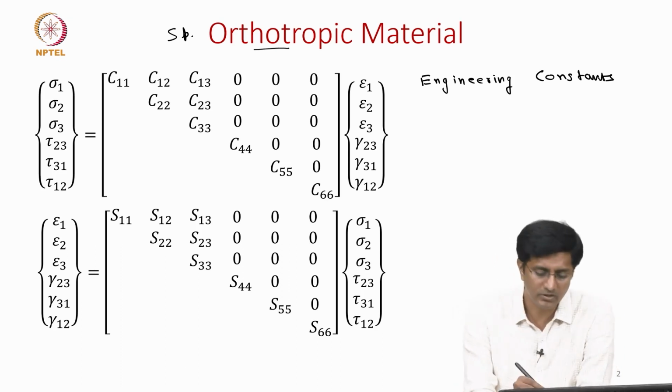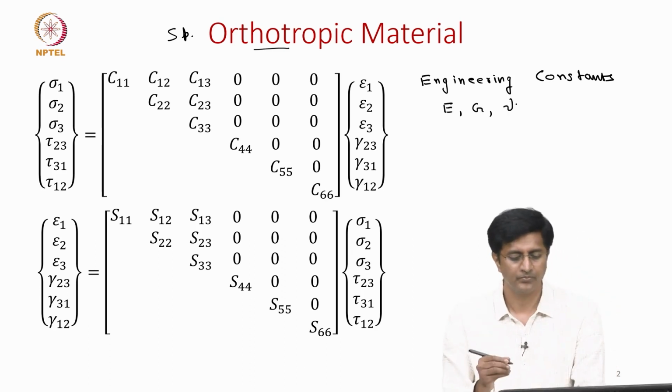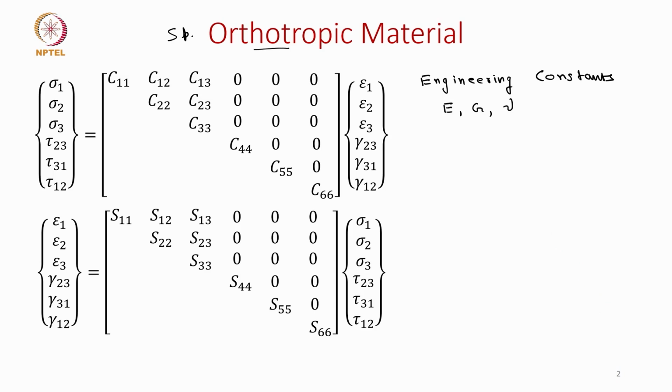So, we are familiar with engineering constants such as elastic modulus E, shear modulus G, or the Poisson ratio nu. But we are more familiar with isotropic materials where we just need to write E, G and nu and it should suffice. But when we are talking about orthotropic materials, we need to add some suffix.